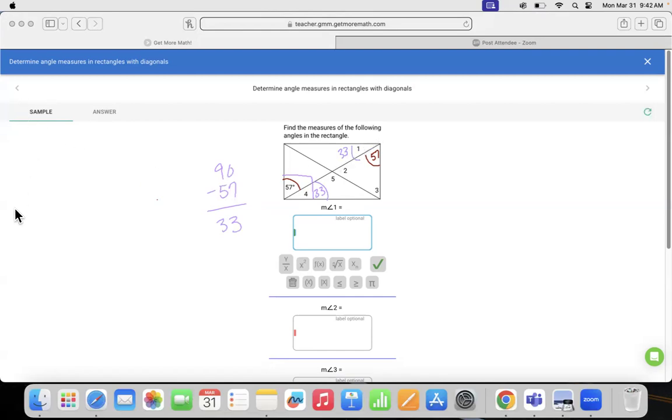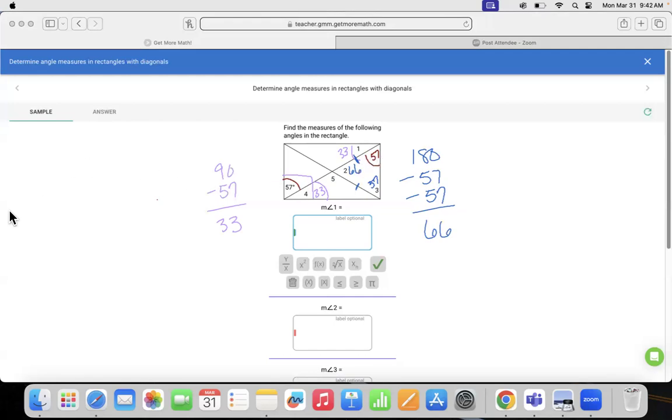Okay. Then the next thing I can see is, okay, I know that this is an isosceles triangle, which means angle 3 is the same as this 57. And then I'm going to take the triangle and subtract those two congruent angles and get my missing angle, which is 66. So that means angle 2 is 66.